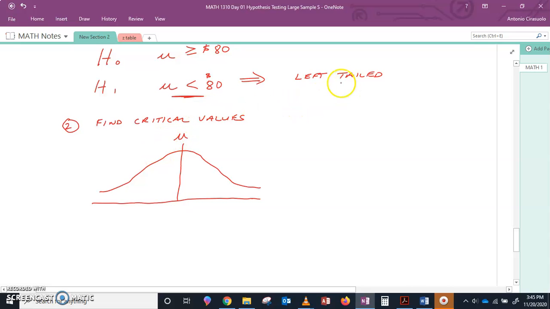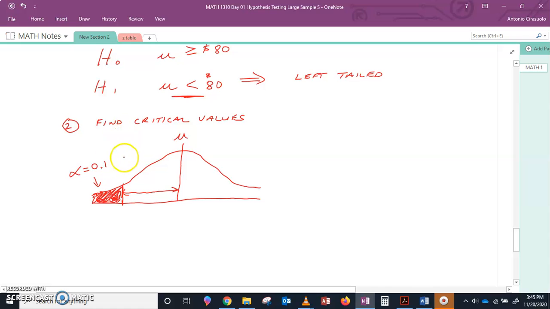This time it's a left tail, so I'm going to put a left tail right here and shade that in. Pay attention to the detail because it's telling us that the tail is 0.1. So that's the area of the tail, which means we need to find the area between here and here.